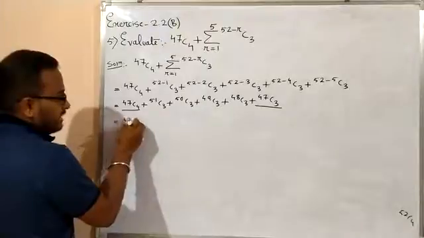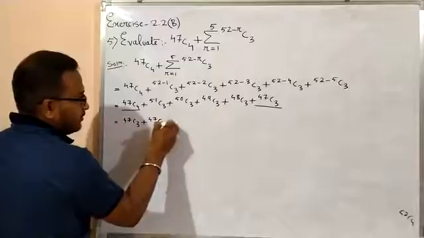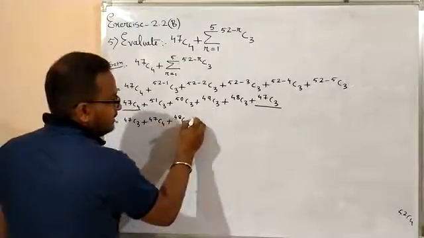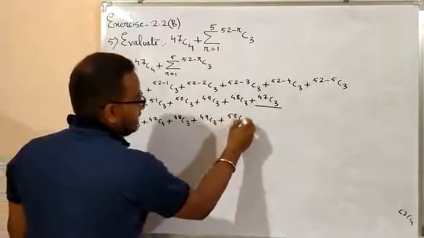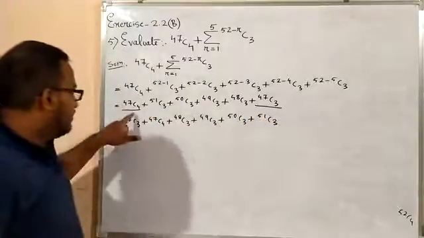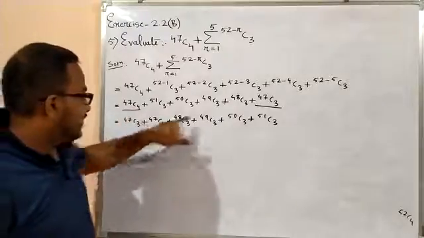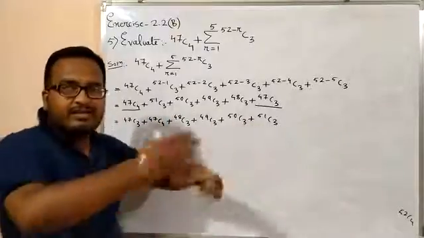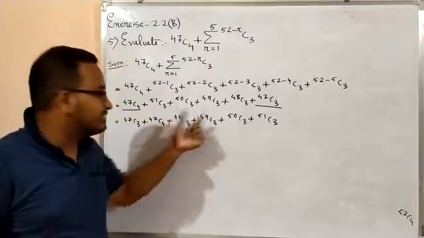It is 47c3 plus 47c4. Okay, then write this term 48c3 plus 49c3 plus 50c3 plus 51c3. I have just written this term in this position, then this term here, this term here, and this term here. Just rearranging the terms. I have done nothing in this step, just rearranging the terms.